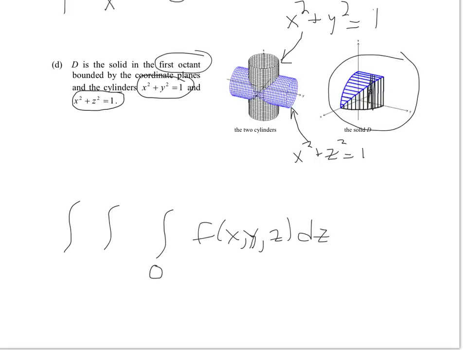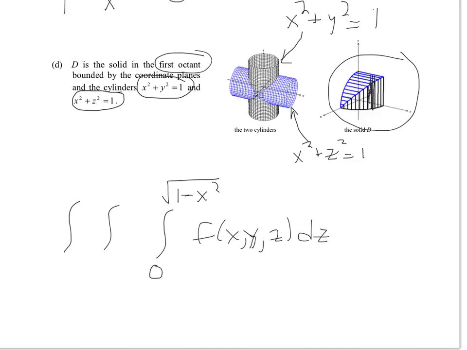So if you're just moving straight up or straight down, you'll never bump into that black cylinder, but you will bump your head on that blue cylinder if you travel up far enough. The blue cylinder is given by the equation x squared plus z squared equals 1. And so as you move upward, you eventually bump into the surface z equals the square root of 1 minus x squared.